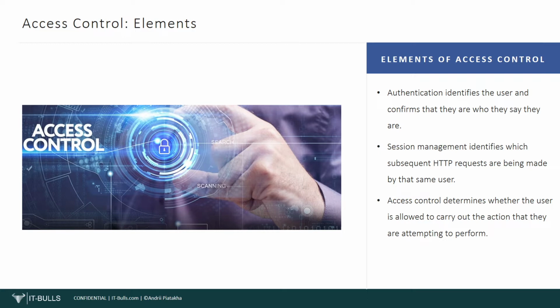Authentication identifies the user and confirms that they are who they say they are. Session management identifies which subsequent HTTP requests are being made by that same user. Access control determines whether the user is allowed to carry out the action that they are attempting to perform.